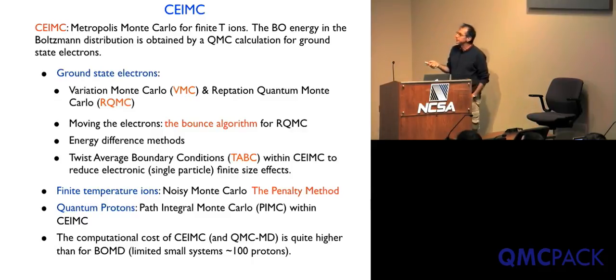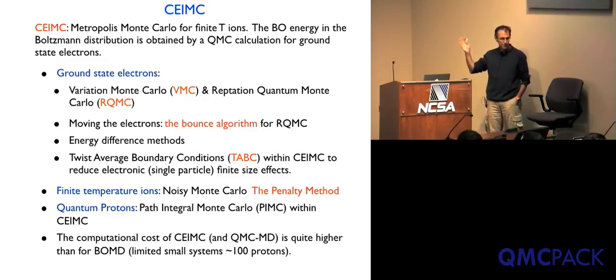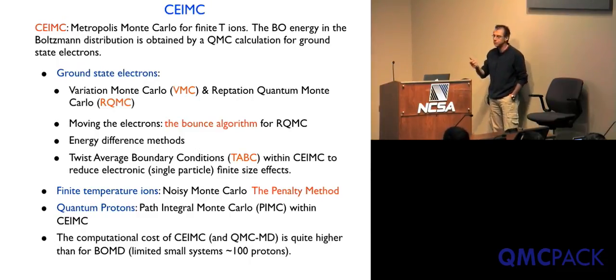The other element of the method is that hydrogen is a light element, so quantum effects on the nuclei are quite important at those pressures. So we are talking of 100 gigapascal or more, 1 or 2 megabars. So these proton effects are important and need to be taken into account.